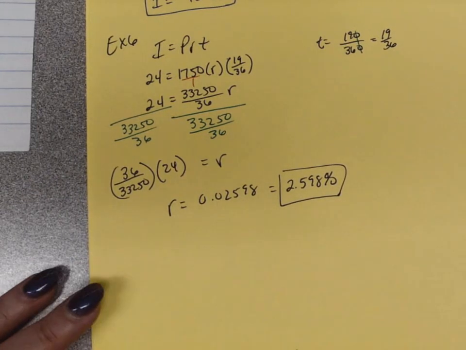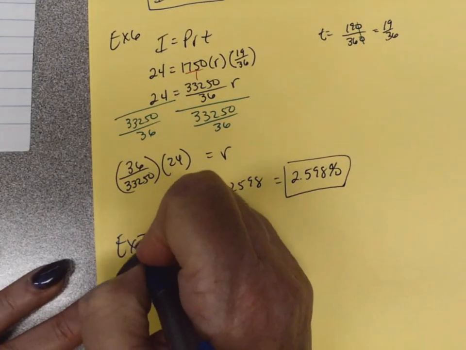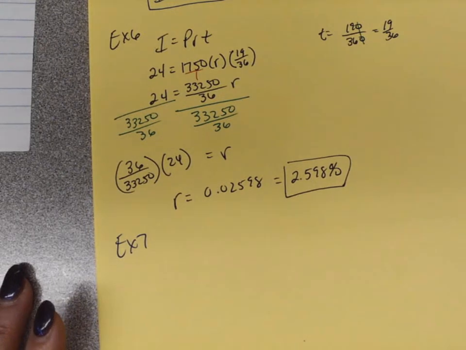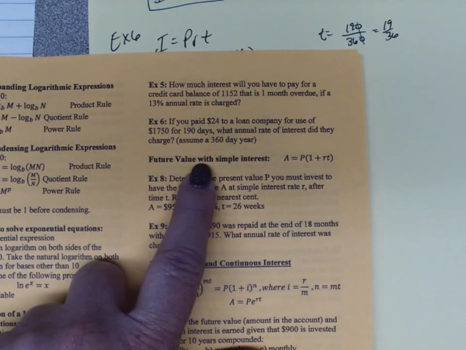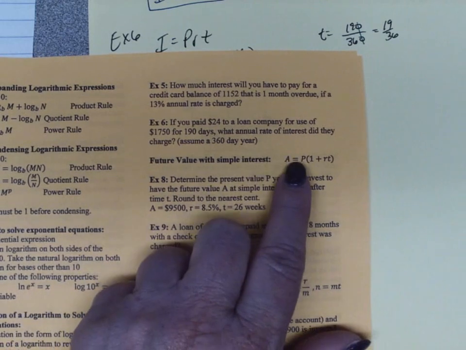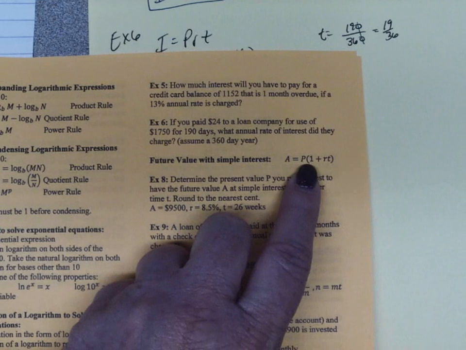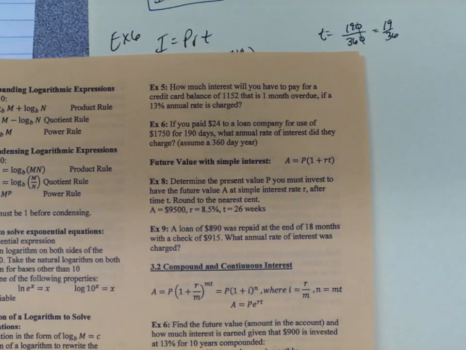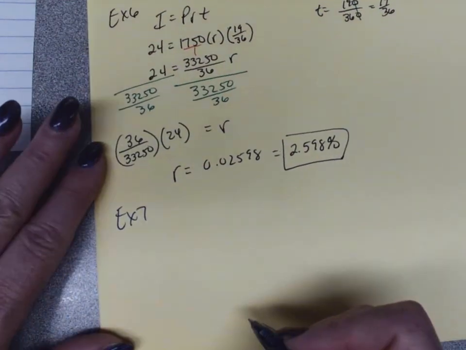All right, so we are on to example 7. We have a little note here. We're looking at future value with simple interest, A equals P times 1 plus RT. Number 7 is not on here, so we know that we're using that formula.